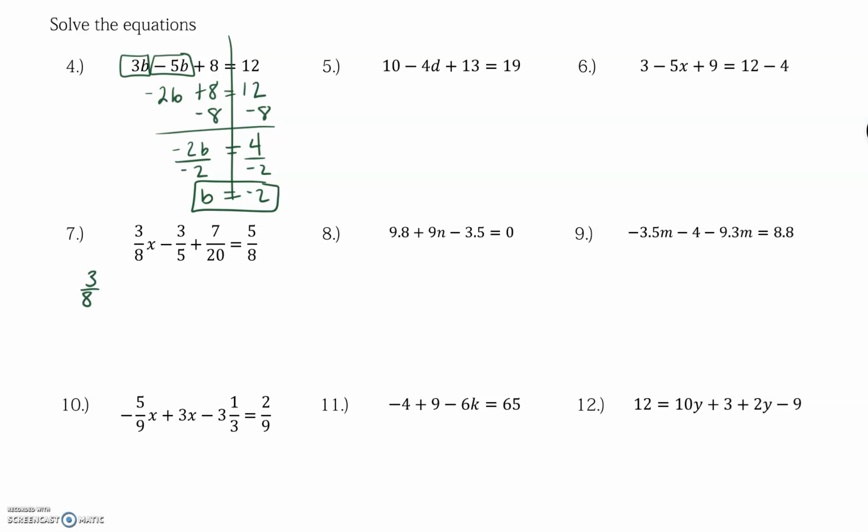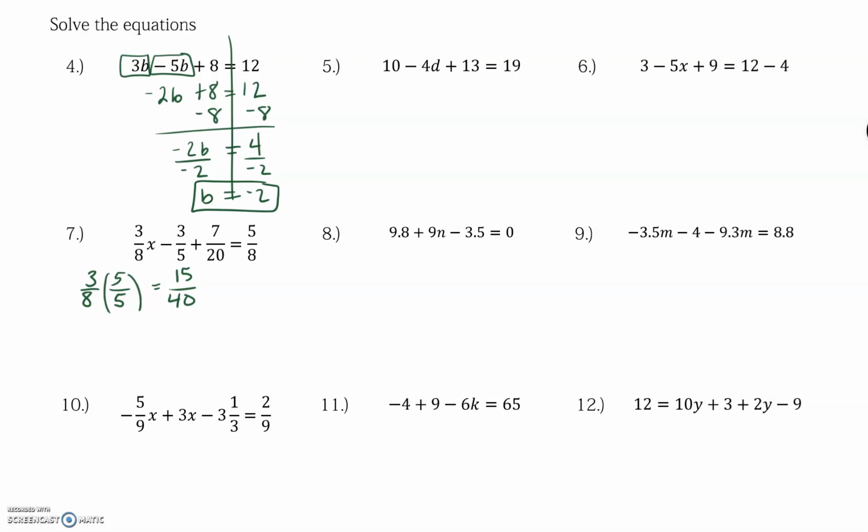So what would we have to multiply 8 by for the denominator to equal 40? I hope you said 5. So when we create equivalent fractions, we have to multiply the top and the bottom by the same value. So 3 times 5 would be what? 15.